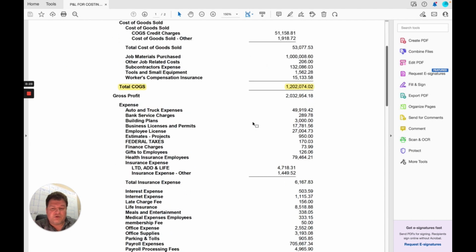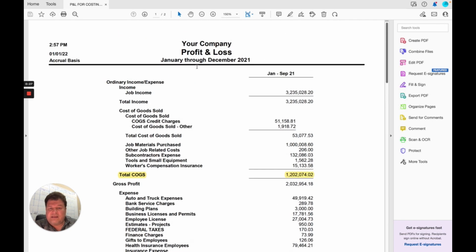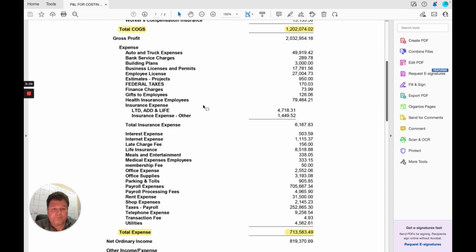What we're going to need is our total cost of goods sold. And this is any example. So you're going to use a 12-month period. Just use the last 12-month period as a starter. You want our cost of goods sold, and I've highlighted here in yellow. In our example, this is the number we're going to use. And also you're going to need the total overhead, and this is the number we're going to use here.